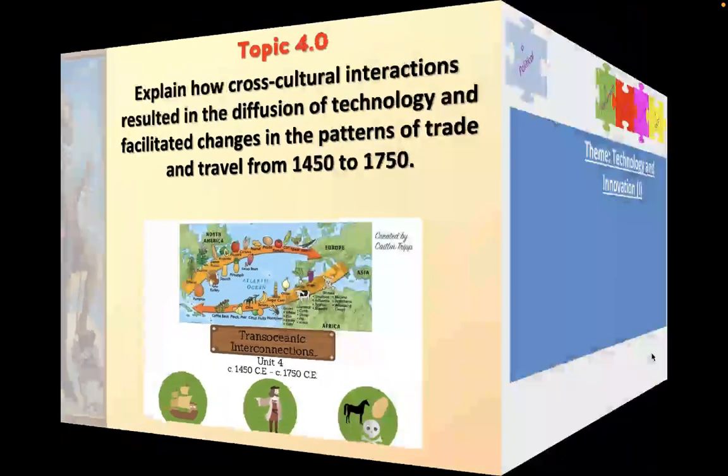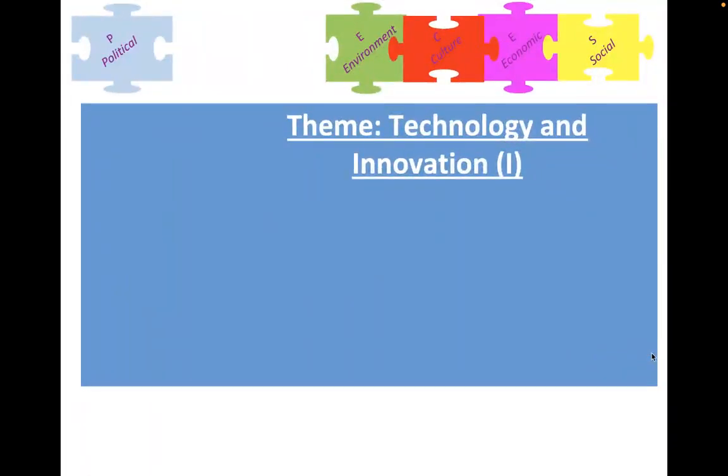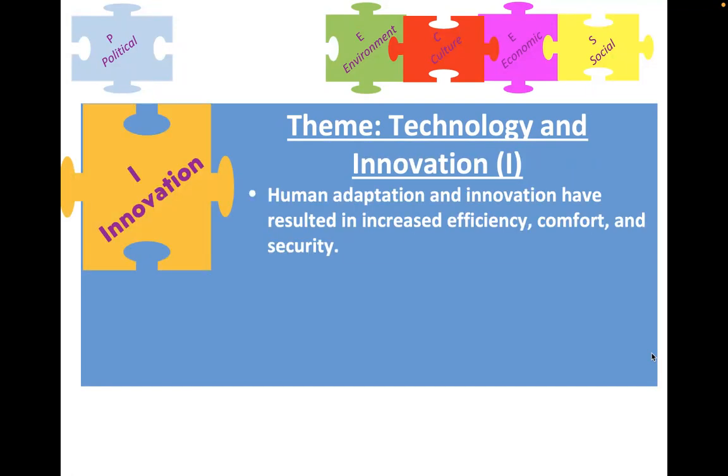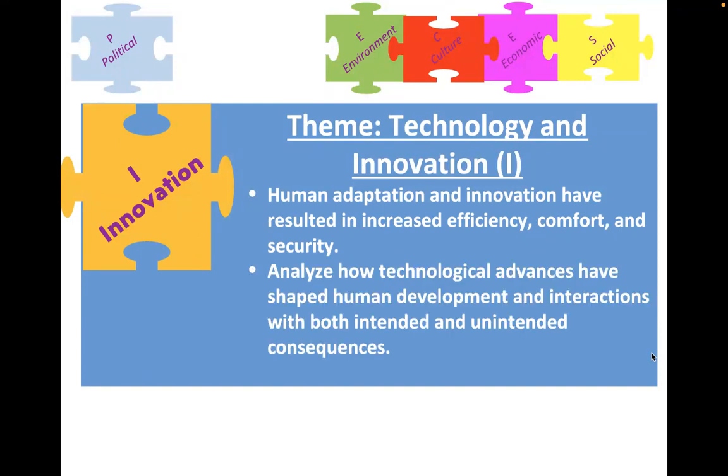So, going into a little bit more detail, this uses the theme, the piece of innovation. And when we work with the piece of innovation, what we're basically looking at is how humans have adapted and created innovations that have resulted in increased efficiency, comfort, and security, and how these advances have not only shaped development, but also have intended and unintended consequences.